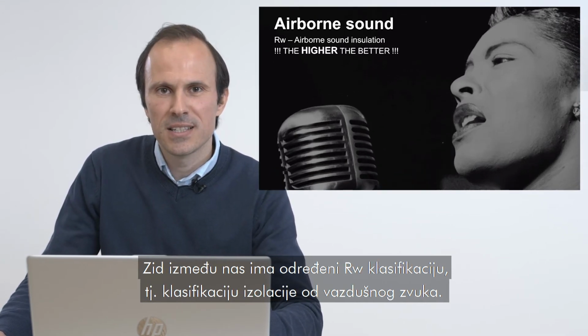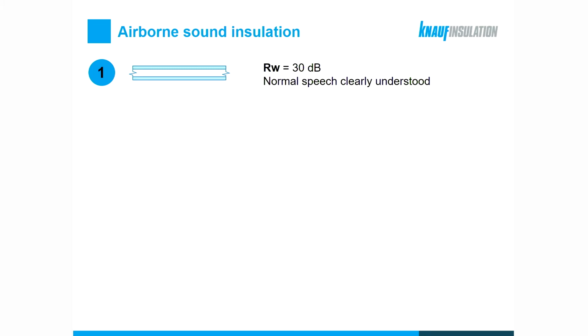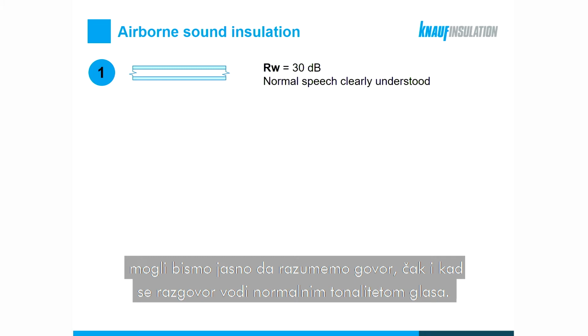And the wall between us has a certain Rw rating, so it has a certain airborne sound insulation rating. If this wall has an Rw rating of 30 decibels, which would correspond to a typical glass wall, we would be able to clearly understand the speech, even if this speech was at a normal voice level.